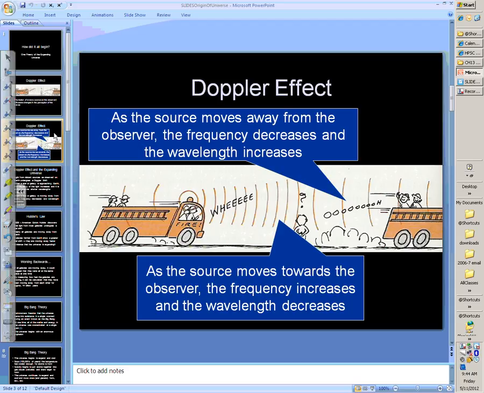The best example I can think of is if you watch a car race on TV, the cars make a different sound when they're coming towards you than they do as they're going away from you. Because of the motion of that object, it changes the wavelength and the frequency. Our ears pick up frequency as a change in pitch. Okay?